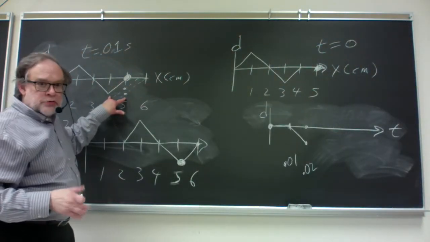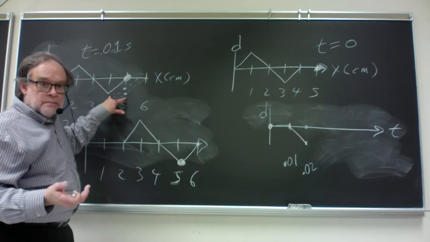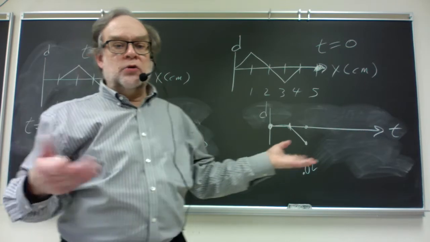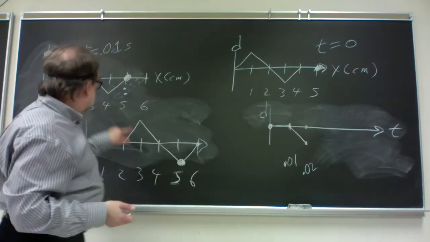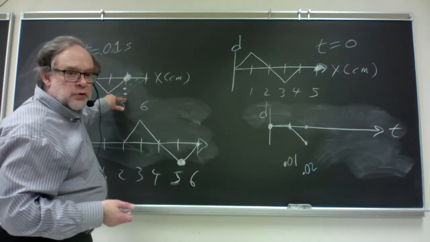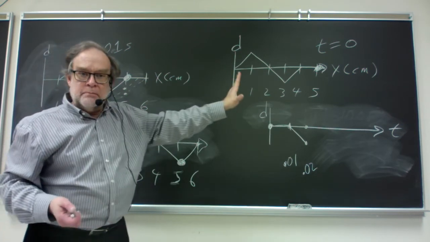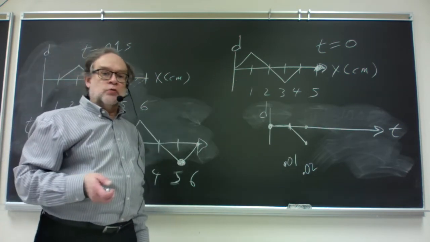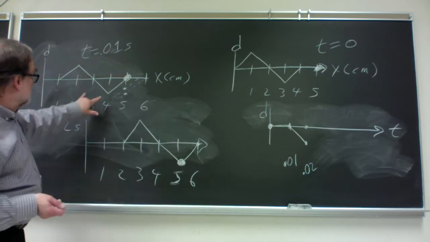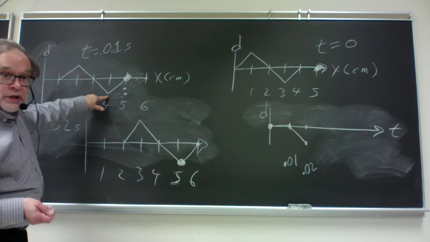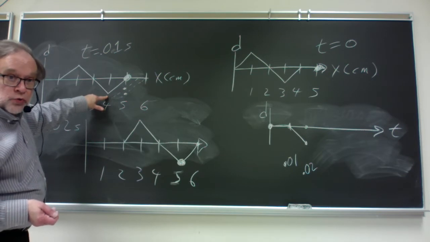This piece of the pulse is 1 centimeter wide. So since the pulse travels at 1 centimeter in each 100th of a second, it takes 1/100th of a second for this 1 centimeter piece of the pulse to completely pass through the x equal 5 point. And then in the next 100th of a second, this 1 centimeter piece will pass through.